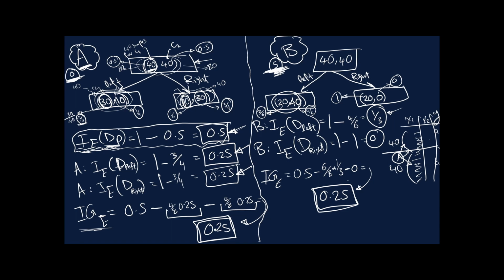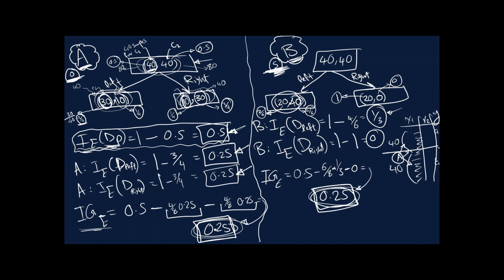Okay, so we can now see that the classification error was not very good in doing this calculation for the information gain. Why? Because it was giving us the same information gain value for the two splits. However, when we look at the splits, you would find that condition B should be better than condition A, right?